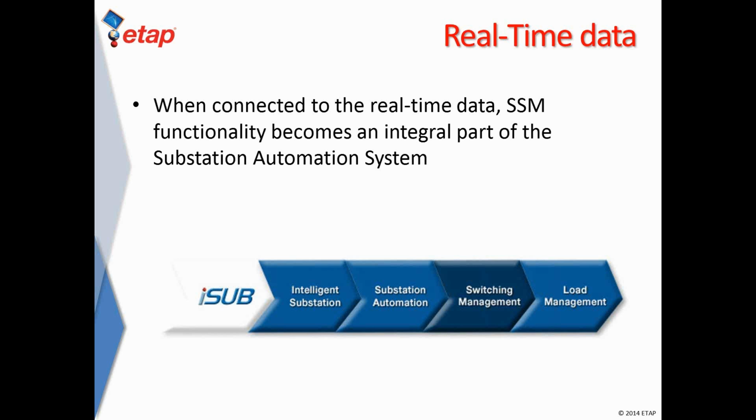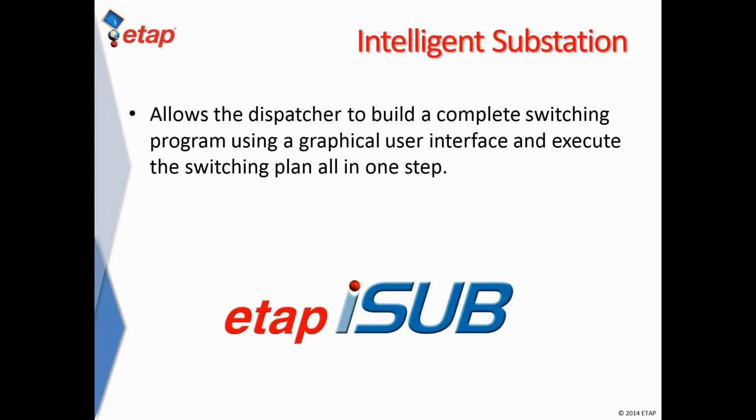So the electrical engineer or the operator can simply use the ETAP impedance-based one-line diagram and the real-time data to do a quick on-the-fly what-if check, to make sure that if a particular switching sequence is performed, it won't have a negative impact or affect the stability of the system.